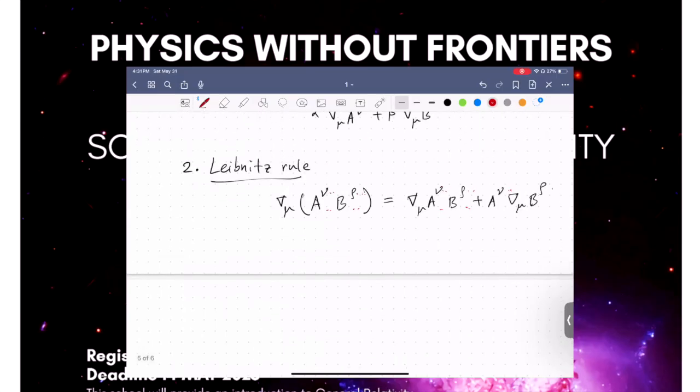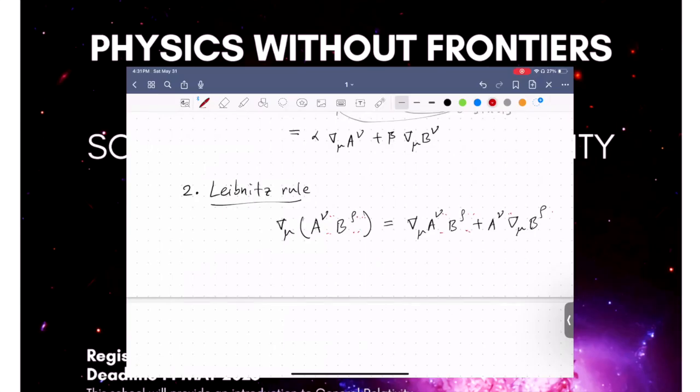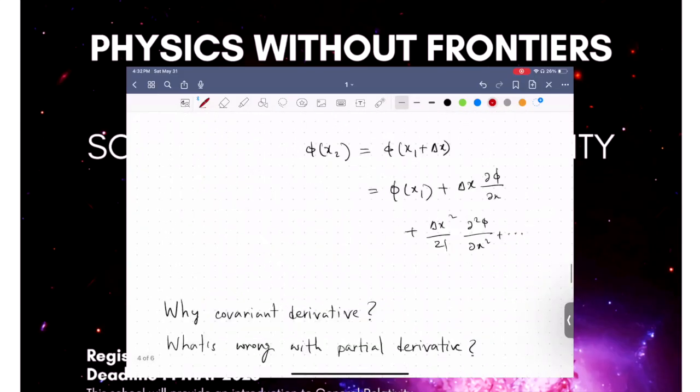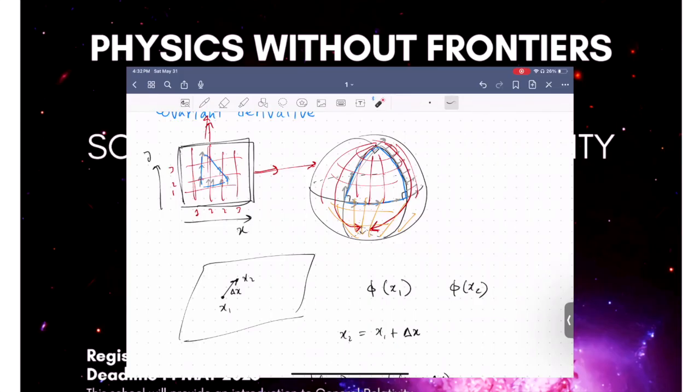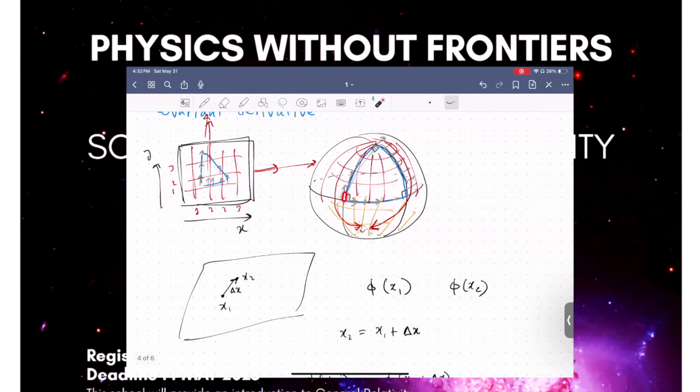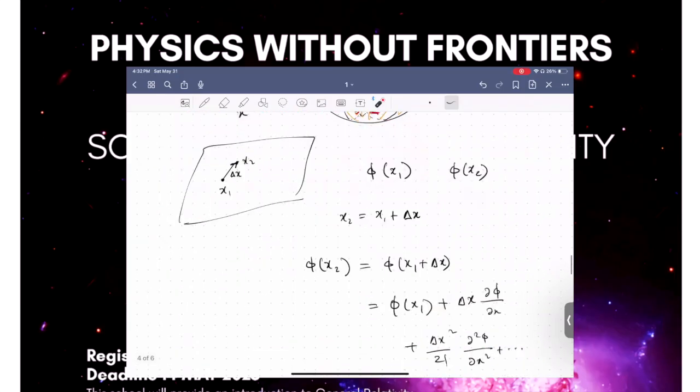So I'm not exactly talking about differentiability, but even before that, in order to be able to talk about whether things are differentiable or not, we need a derivative. So what I was saying is that in order to be able to transport things at a distance, we first need to be able to transport things infinitesimally. And being able to transport things infinitesimally means being able to compute its derivative. So we need some notion of derivative.